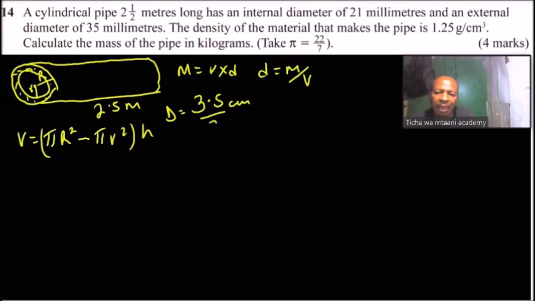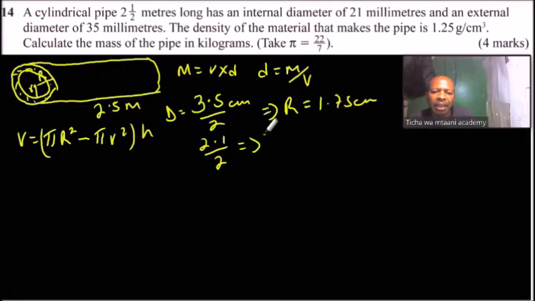So we divide by 2, so this implies that the external radius is 1.75 centimeters. The same case applies to the inner diameter. So it is 2.1 divided by 2, this implies that the radius, which we denote by a small r, is 1.05 centimeters, and therefore we can be able to get the volume.